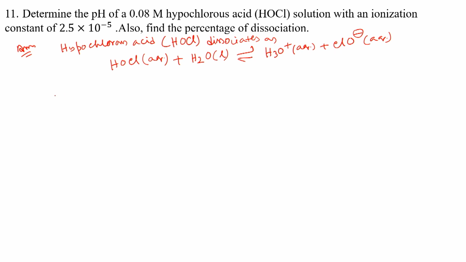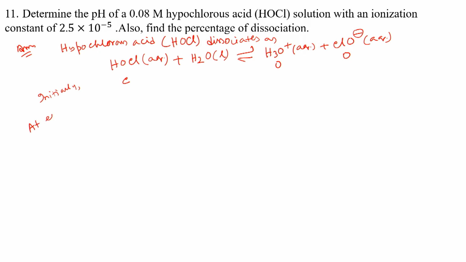Initially, suppose we consider C moles of HOCl is present. So C moles present here, and there is no H3O plus and no ClO minus.